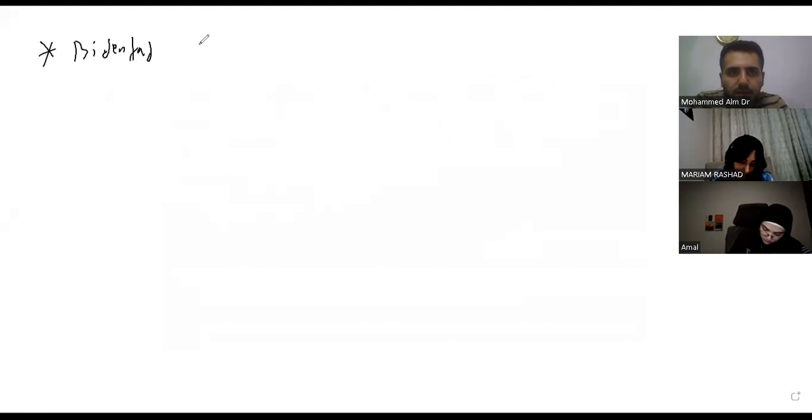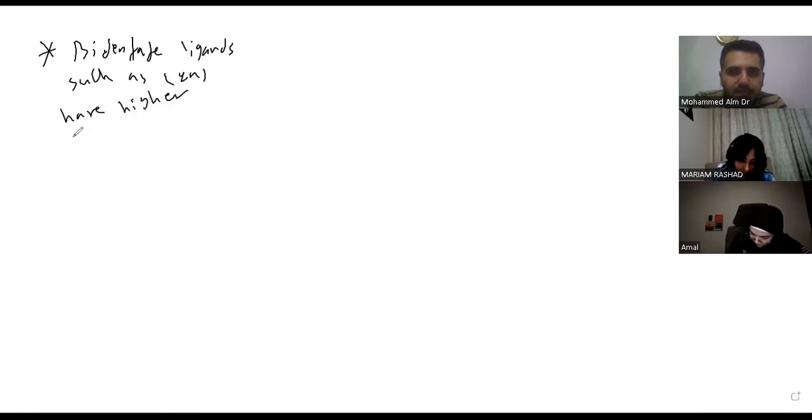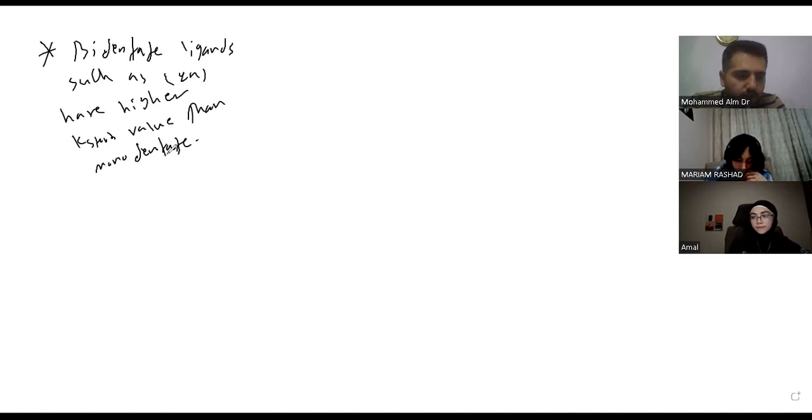Bidentate ligands such as en have a higher Kstab value than monodentate. This is the first note.